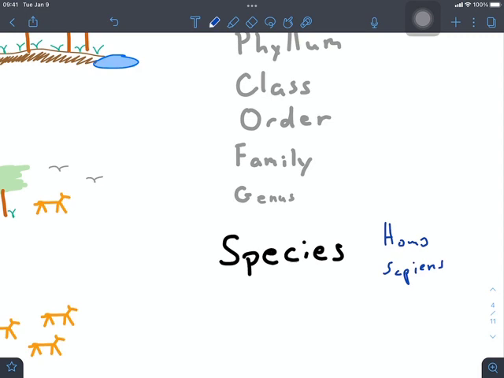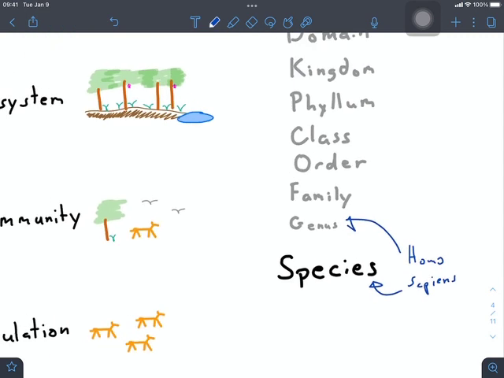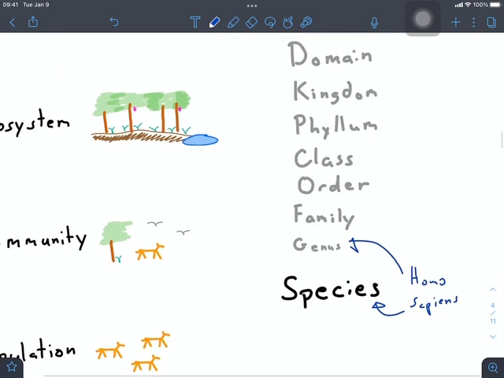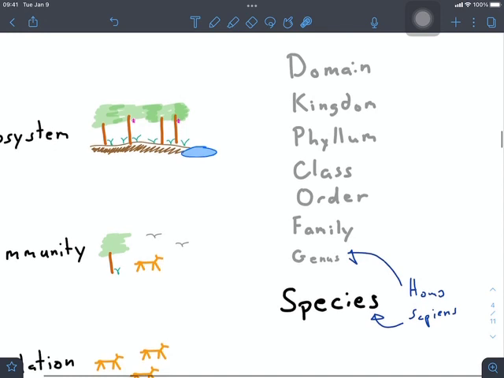Homo is our genus, sapiens is our specific species, but we also have members of our family. And this breakdown of domain, kingdom, phylum, class, order, family, genus, and species are our taxonomic system derived by Linnaeus a couple hundred years ago in order to help us understand the relationships between organisms.